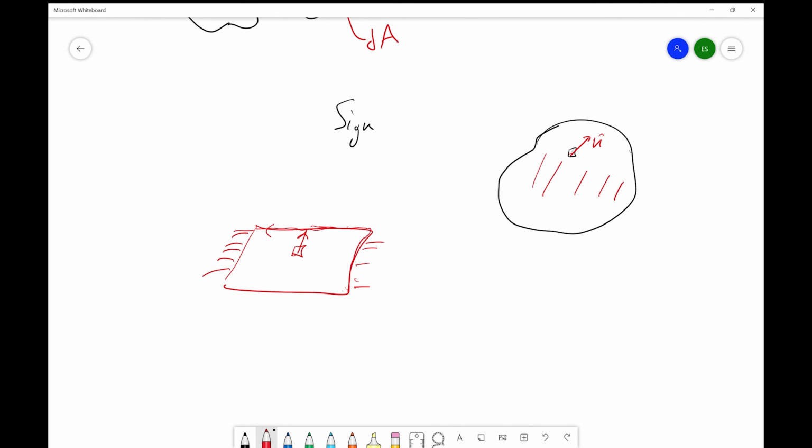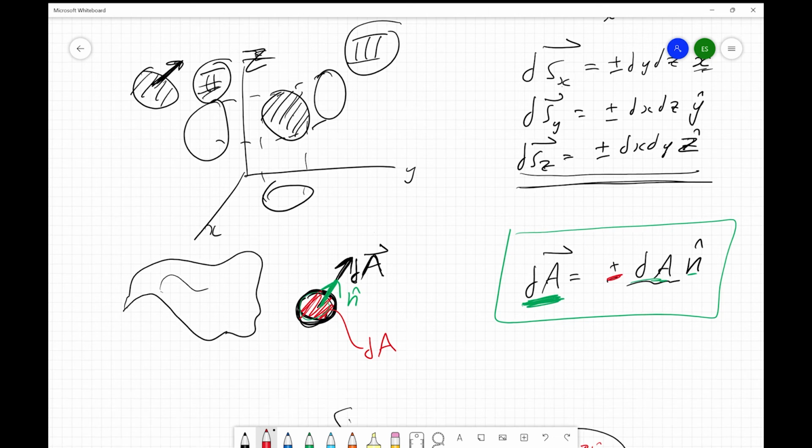You're using the right-hand rule. So if we are integrating over a boundary and traversing it counterclockwise, then it's conventional to select the area pointing upwards like that. If we're going clockwise, it's conventional to select the direction pointing downwards. This is the right-hand rule. This might be confusing right now, but it will be clearer when we do actual integration problems.